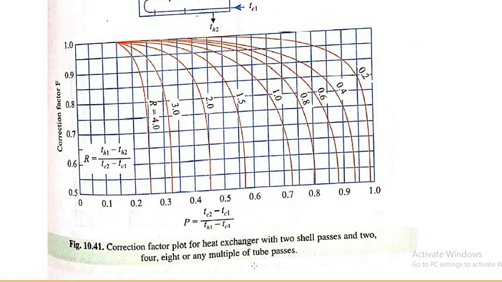Such charts are used to find out the correction factor. If any problem related to the correction factor comes in an examination, then they will provide this particular chart for understanding purposes, or they will provide direct values of the correction factors. So need not worry.